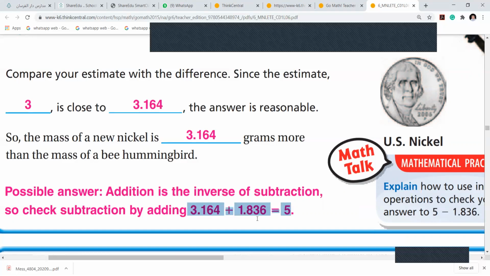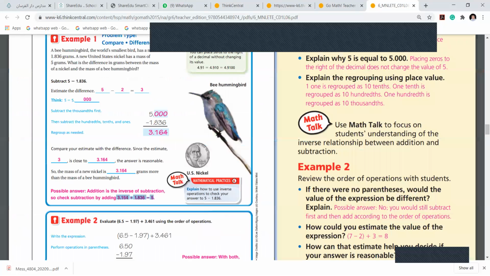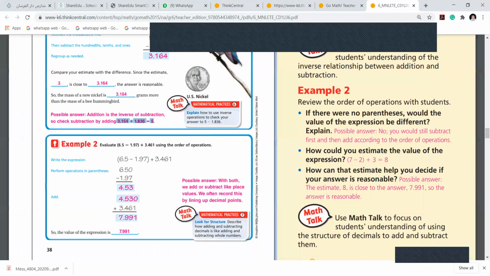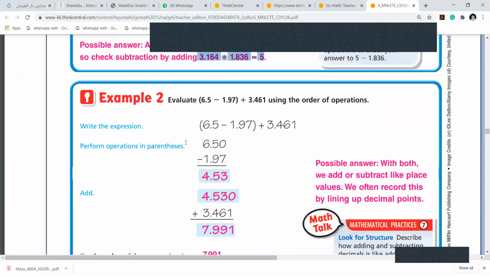Miss, I finished. Okay. Again, I'm going to explain. There's one more example. 6.5 minus 1.97, plus 3.461. Of course you will solve the bracket first. You know the order of operations: I minus first because this is in the bracket. When I minus 1.97 from 6.5, I get 4.53.